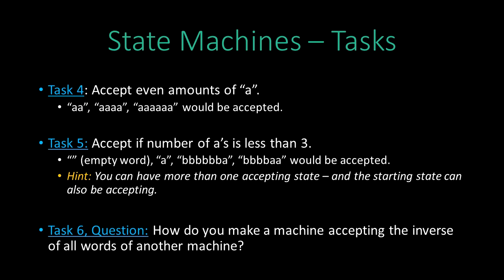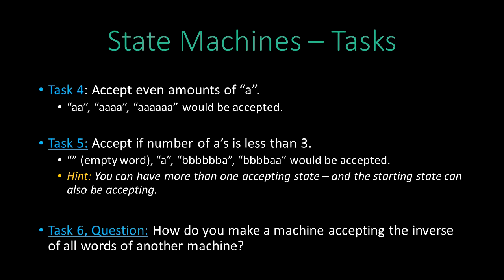That's not even. I guess 0 is not even. So if we get 2 A's, we want to accept it. If we get 3 A's, we no longer want to accept it. If we get 4 A's, we again want to accept it. And there is a nice way to draw this as a machine, where you want to accept some and not others.